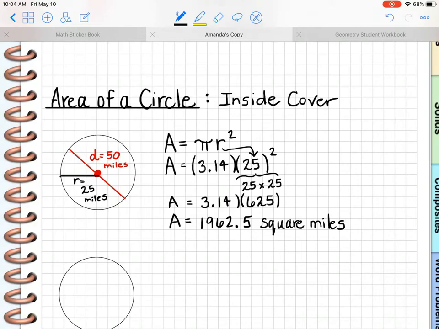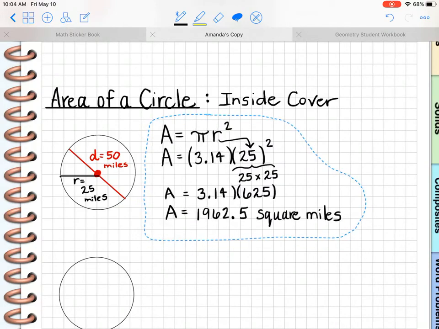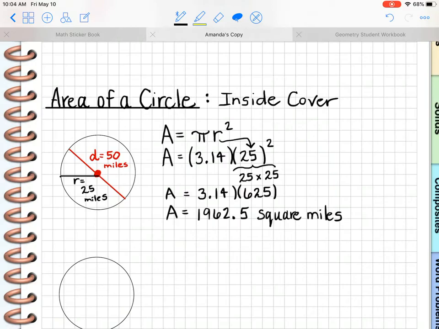So that's an example on a very large scale of area. And this is a pretty complicated formula because this is a complicated shape. The shape is not just your basic nice square. There's a lot going on with this circle. So that's a very large area problem.